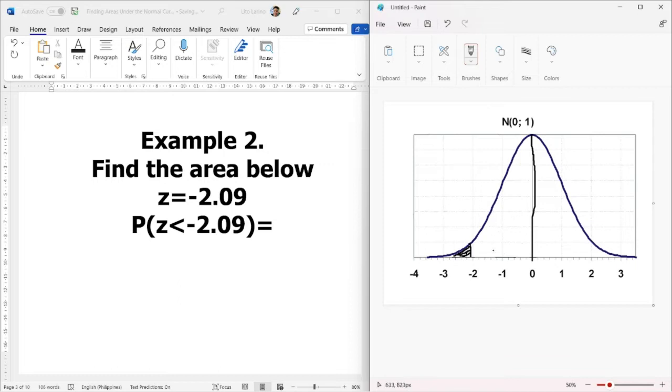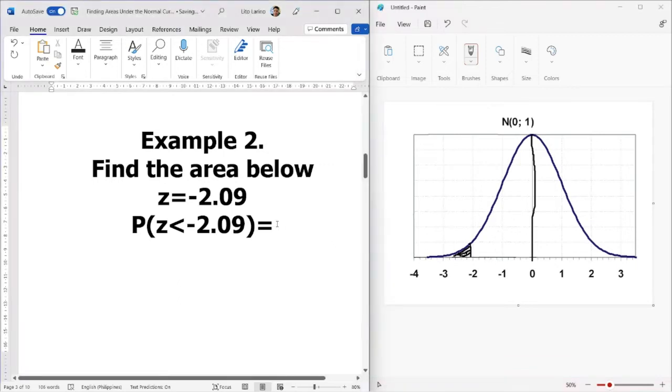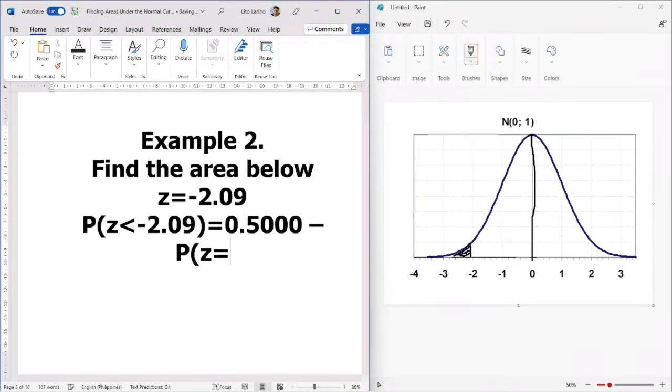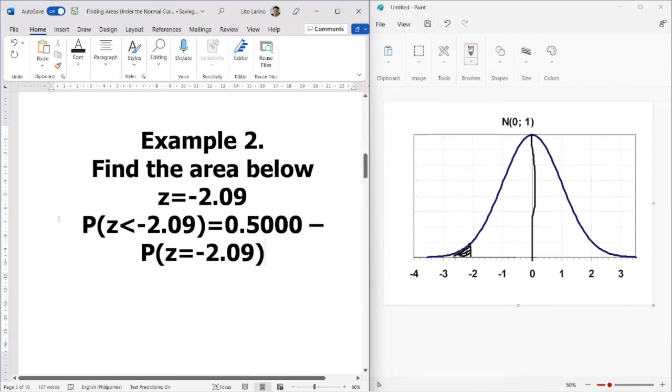Now, to do that, we are going to subtract the area under the normal curve when the z-score is equal to the given z-score, negative 2.09.